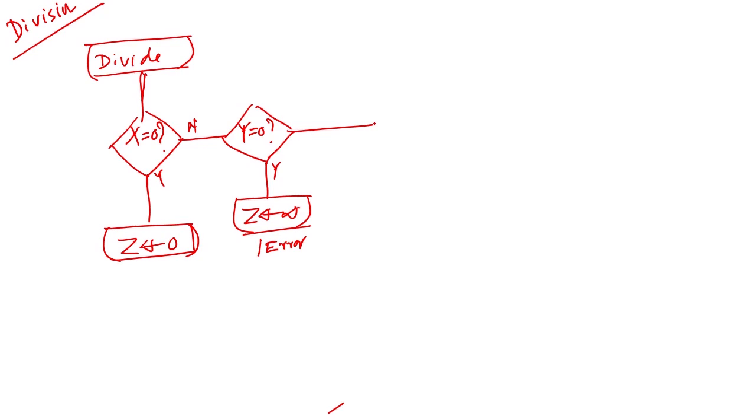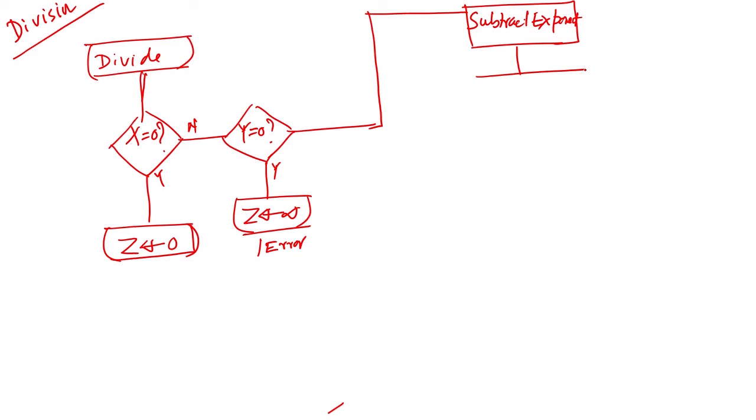Now, you come to the next point. Subtract the exponents, then k is wiped out, that is k is the bias. So, you have to add the bias.